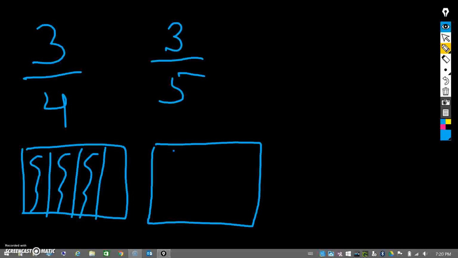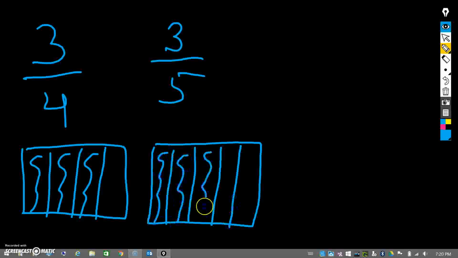And we'll divide that into fifths. Okay, and we'll shade in 3 of them. And if we look here, the rectangles aren't quite the same size. It looks like 3/4 does look just a little bit bigger, but not a huge amount. It's kind of hard to tell with the picture that you've drawn.